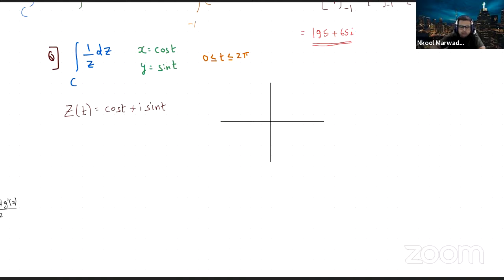So we have the real axis and imaginary axis. Now t is from 0 to 2 pi, so what we can do is get the points at 0 and at 2 pi.